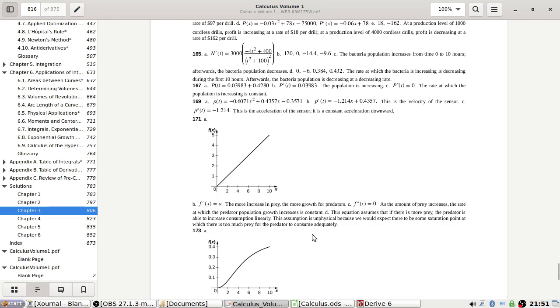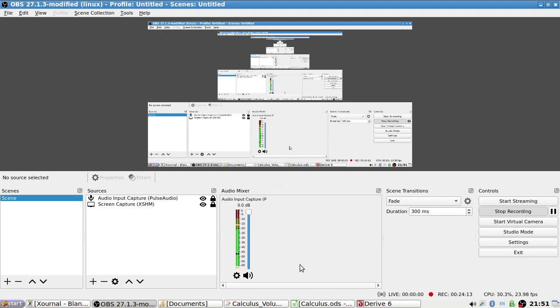Or I would have thought you could say it the other way around. As I was thinking, you can't have a constant encounter rate. It's funny because they said the predators would get too full, whereas I was thinking, well, the prey would get eaten out of extinction. So I don't know. I guess there's two ways to look at it. That's what I thought anyways. All right, I think that's a good place to wrap it up there for today. So thanks for watching. Any questions or problems, let me know in the comments, and I'll see you next time.